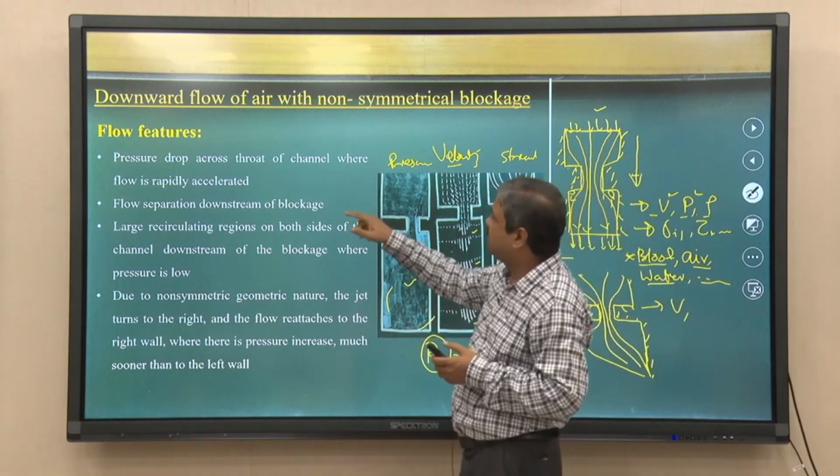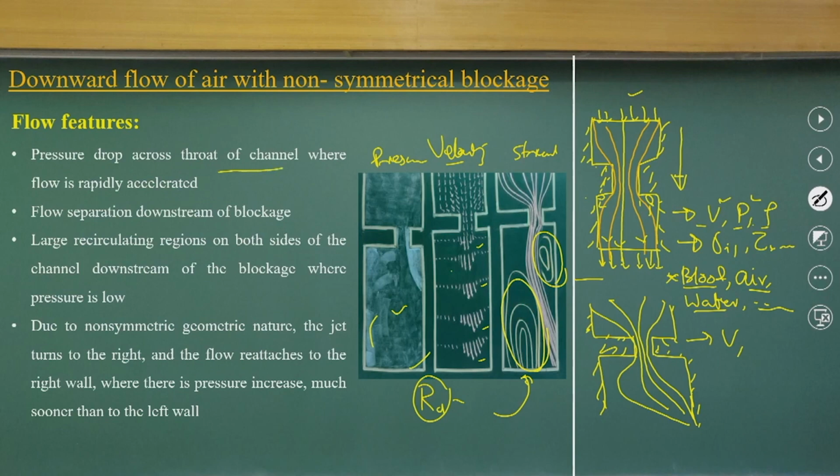This is the throat of the channel where you can have the flow rapidly accelerated. That is what we discussed a lot. Near the throat, you can look at the streamlines. The width of the streamlines is decreasing. It clearly shows the accelerated zones.